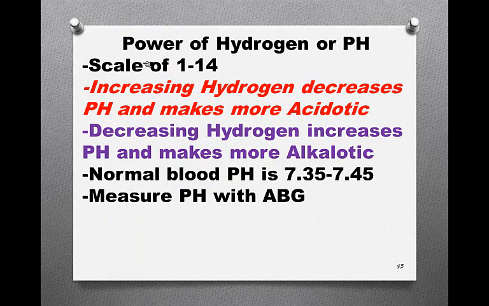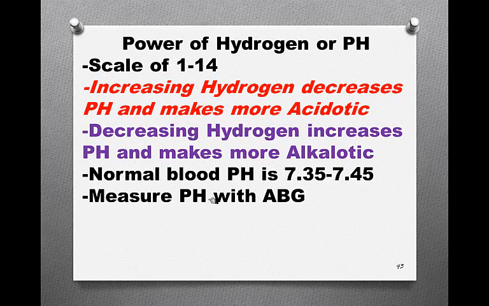When we're talking about the power of hydrogen, or pH, remember it's a scale of 1 to 14. Increasing hydrogen decreases pH. It seems counterintuitive, and I always get confused with this. Increasing hydrogen decreases pH and makes the blood more acidotic. Decreasing hydrogen increases pH and makes it more alkalotic.